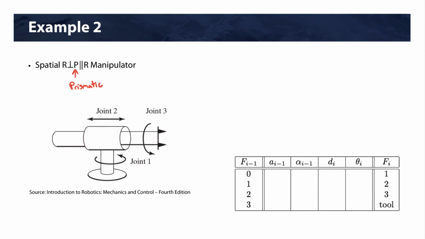And then we have a final revolute joint, which is parallel, actually collinear, with Z2. So joint 3 rotates. Again, a first step before we can fill out our D&H table is to draw the 0 displacement diagram.